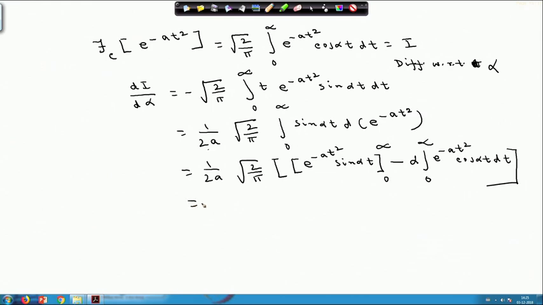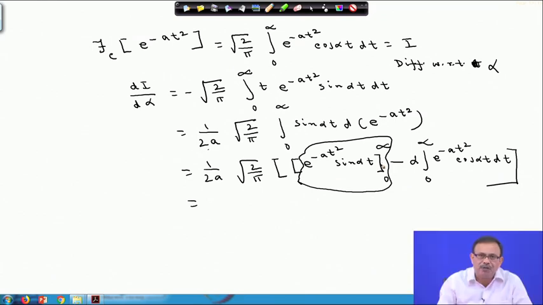And if you evaluate the value of this, for 0 it is 0, this part will vanish. At t equals 0 and at t equals infinity, in both cases this will vanish. And what is this part?